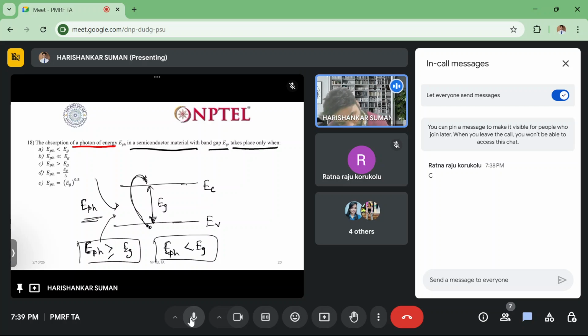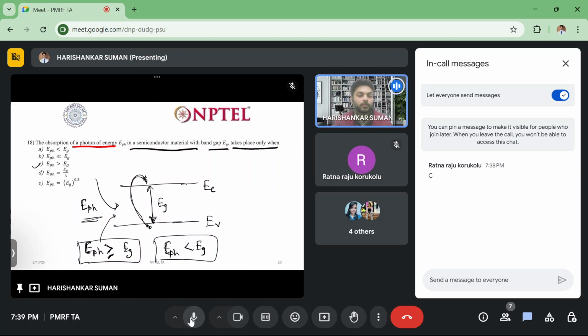So this is the criterion: at least equal to. If higher, then it can easily jump from here to here. So C is the right option.